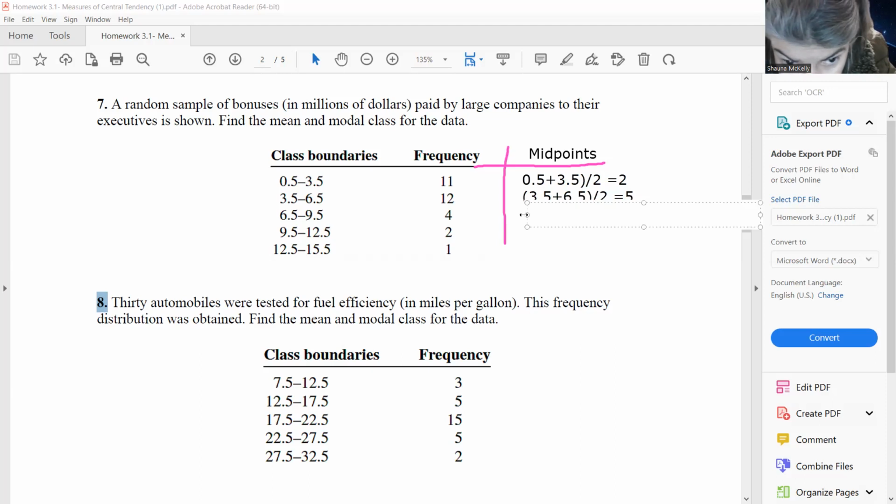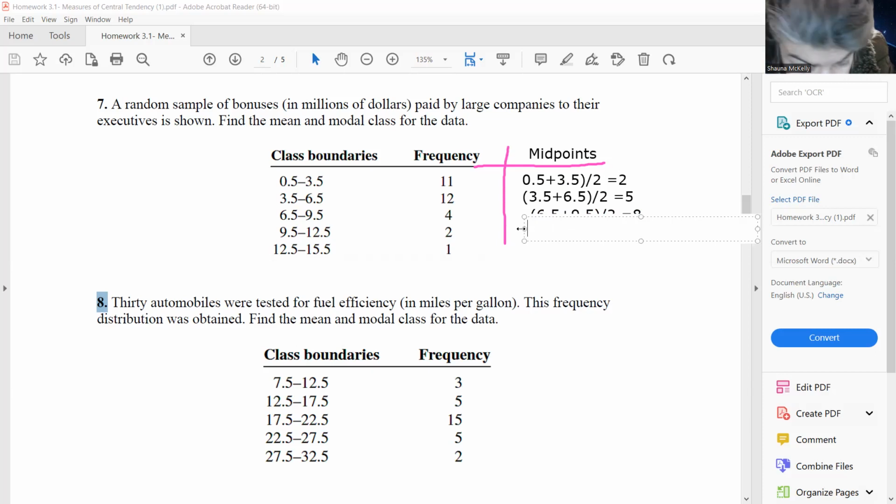We get 6.5 plus 9.5 divided by 2. This is 16 divided by 2, that's 8. And if you'll notice, they keep increasing by 3 units. So we would expect the next one to be 11.